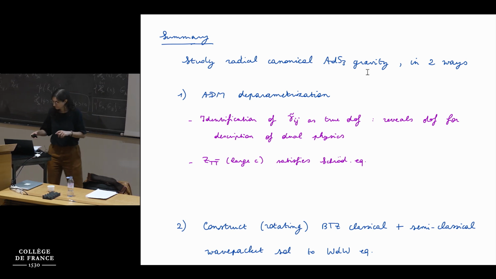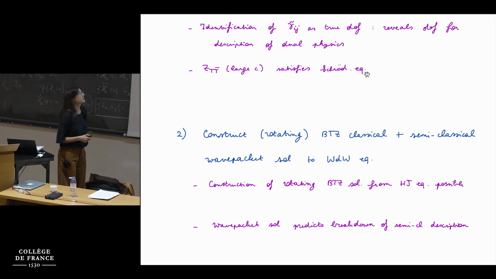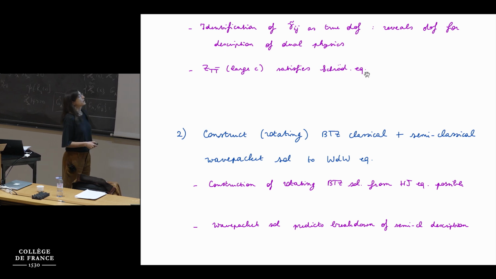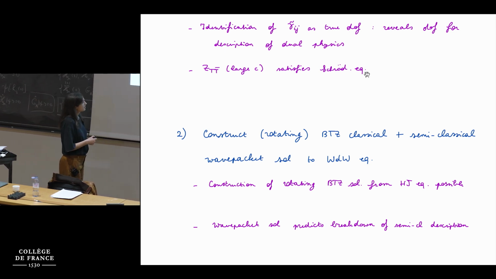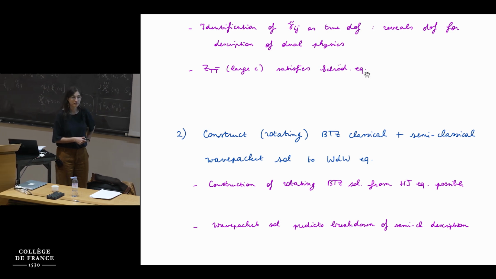And then in the second part, we constructed a rotating BTZ classical geometry solution, and the corresponding semi-classical wave packet solution to the radial Wheeler-DeWitt equation. So the first statement is that the construction of the solution from the Hamilton-Jacobi equation is possible.